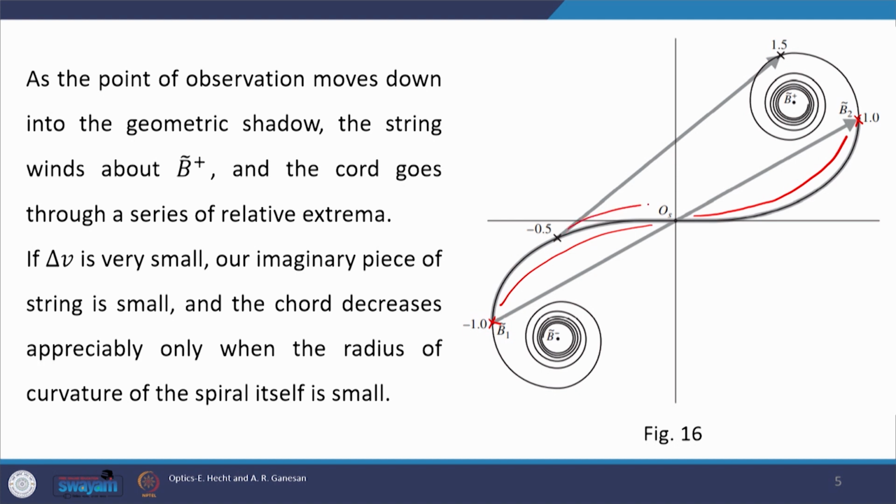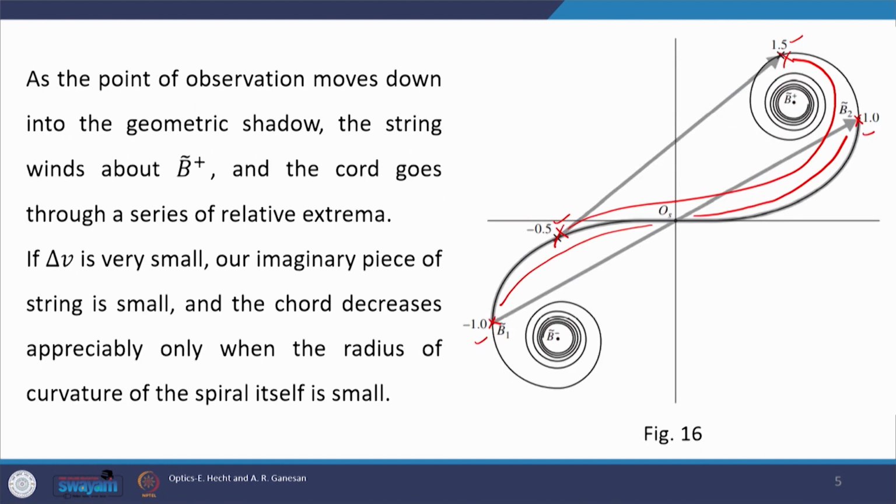You can see that point B1 is shifted to this place and B2 is shifted to this place. B1 initially was at -1 and B2 was at +1. The new position of B1 is -0.5, which is less negative, and the new position of B2 is +1.5, which is more positive.